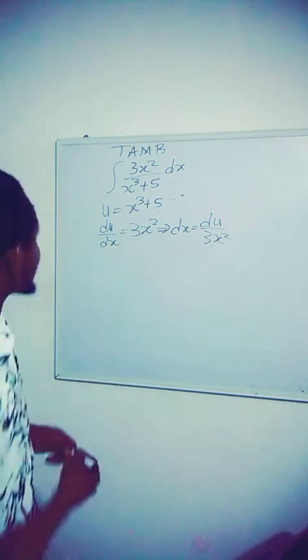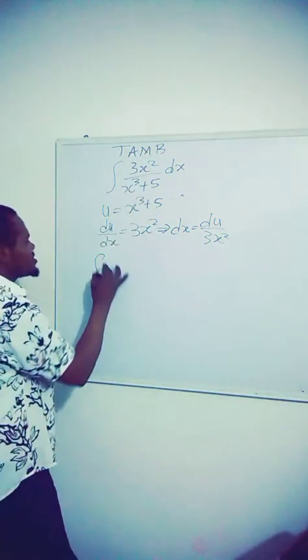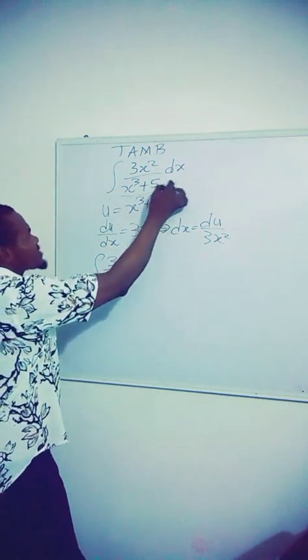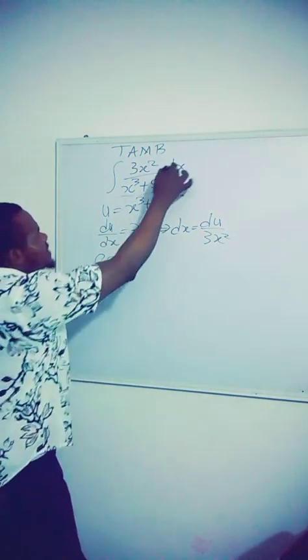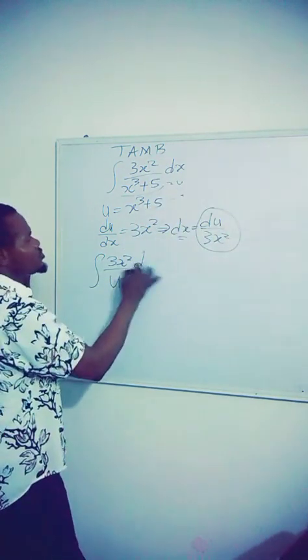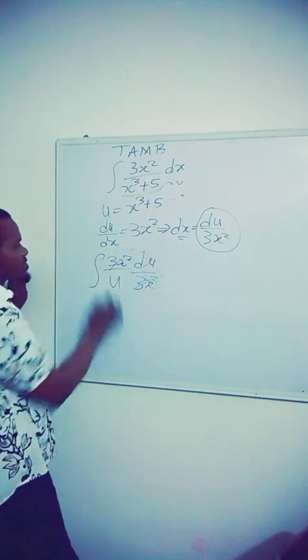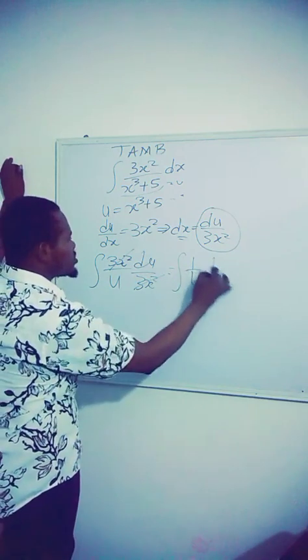So now let's substitute. From here, the integral: we have 3s squared over, we've replaced this as u, so over u. Then our ds, we are replacing ds with du over 3s squared. This cancels this. We are left with the integral of 1 over u du.